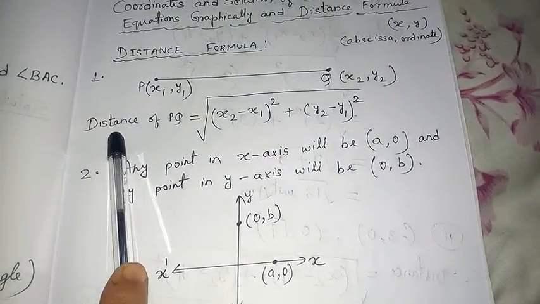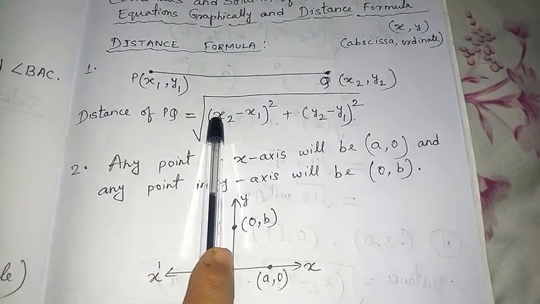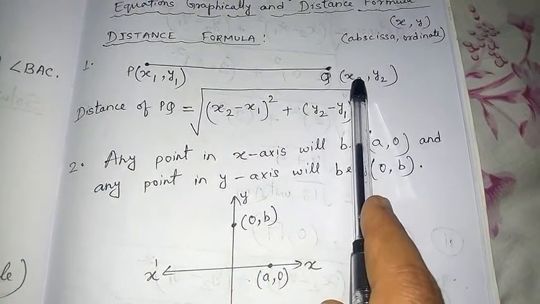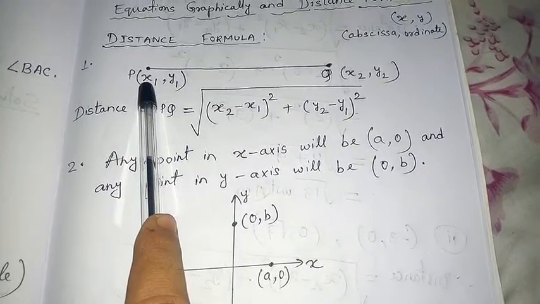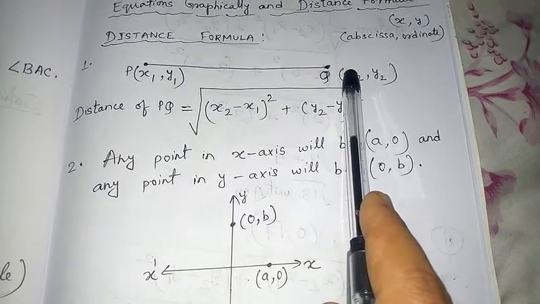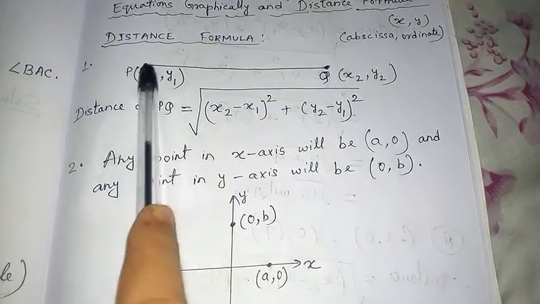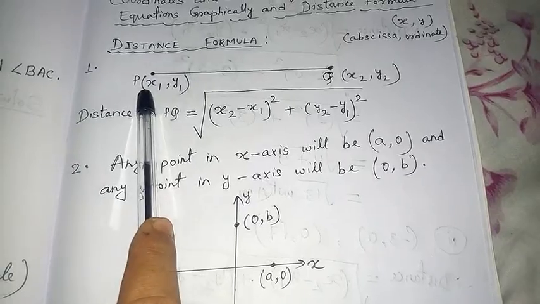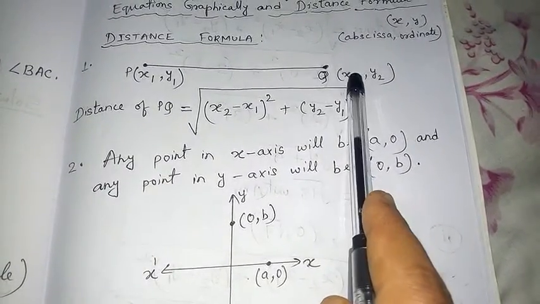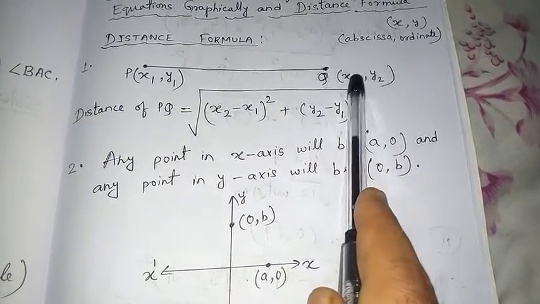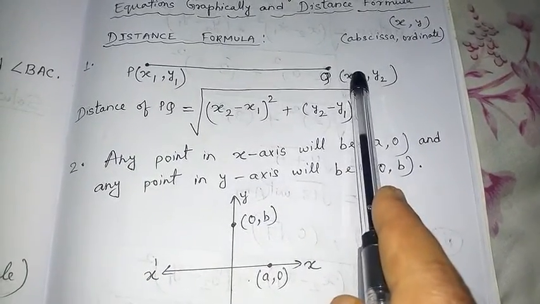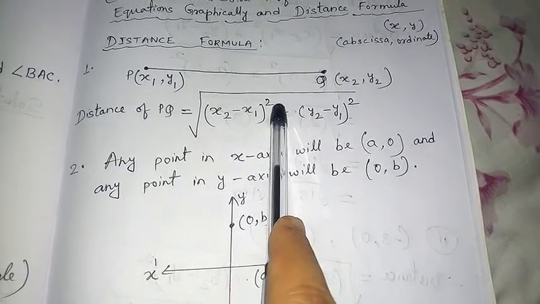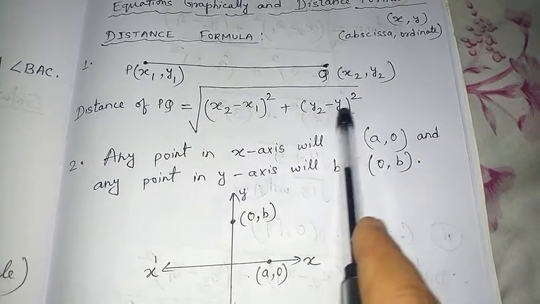Then the distance formula is: distance PQ equals the square root of x2 minus x1 whole square plus y2 minus y1 whole square.